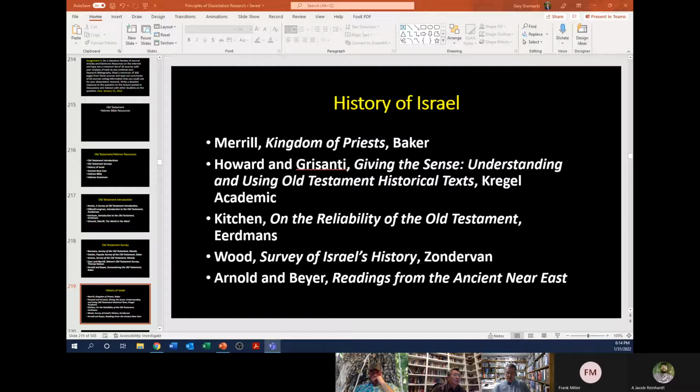For the Pentateuch, for instance, creation and the flood is the first chapter, and they've got a translation of Eridu Genesis. So some of the Babylonian and Akkadian, the Epic of Atrahasis, you get the translation of that.